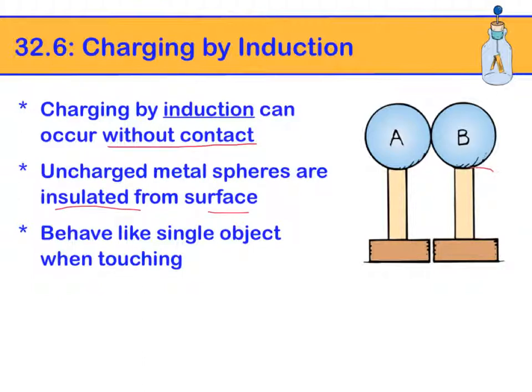The stands they are on do not conduct any charge. Also, when they are touching, they behave like a single object, so any charge located in A could travel through to B.